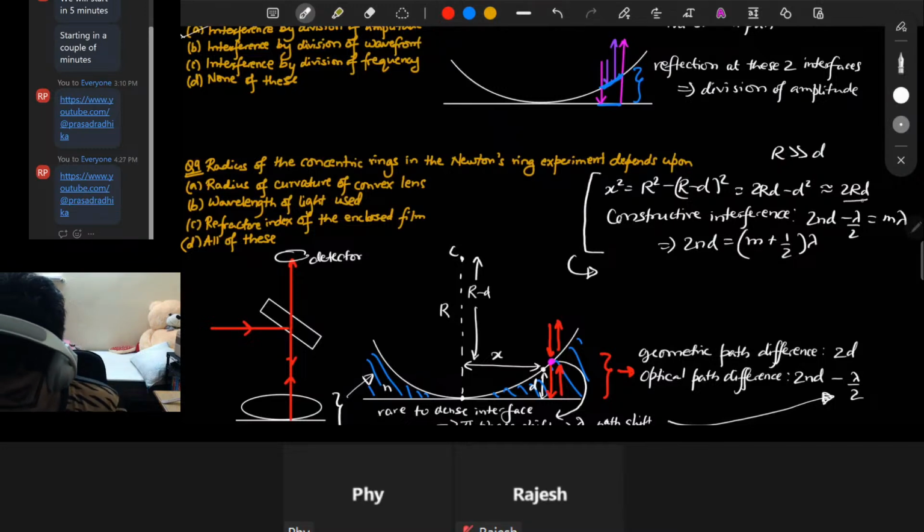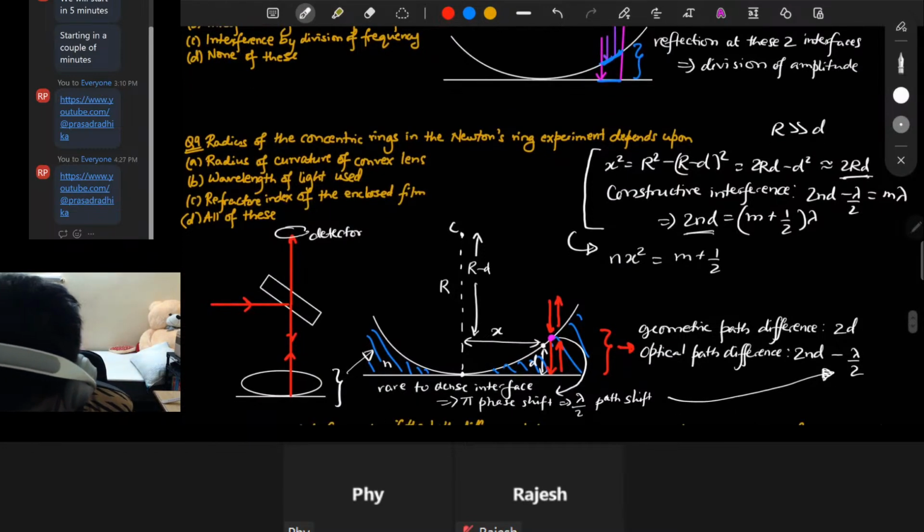Now, if you combine these two, basically you substitute the value of 2d over here. So what you get is, 2d is x squared by r. So n times x squared by r is m plus half lambda.